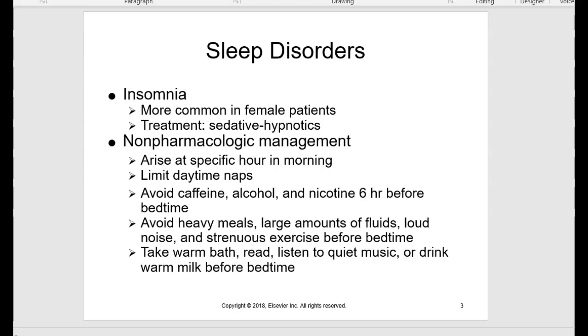Arising at a specific hour in the morning, taking few or no naps, avoiding drinks that contain caffeine or alcohol 6 hours before bedtime, avoid smoking nicotine products for 6 hours before bedtime, avoid heavy meals or strenuous exercise before bedtime, take warm baths and listen to quiet music or perform other soothing activities before bedtime, decrease exposure to loud noises, avoid drinking copious amounts of fluid before sleep. Obviously, drinking copious amounts of fluid would lead to the patient awaking from sleep in order to use the restroom. And then finally, drink warm milk before bedtime.